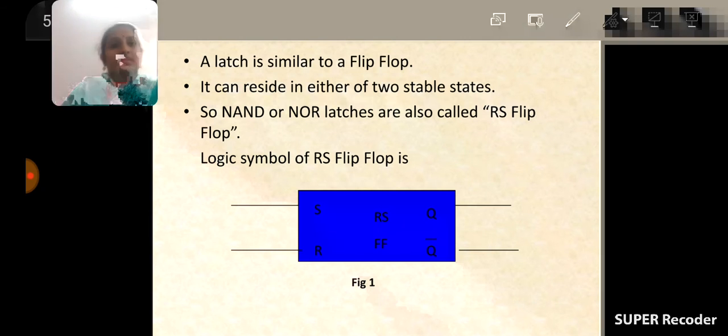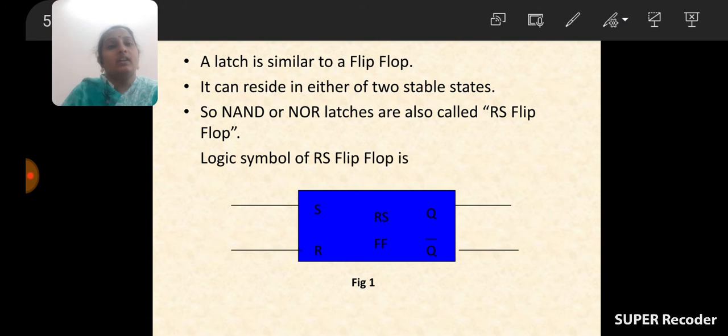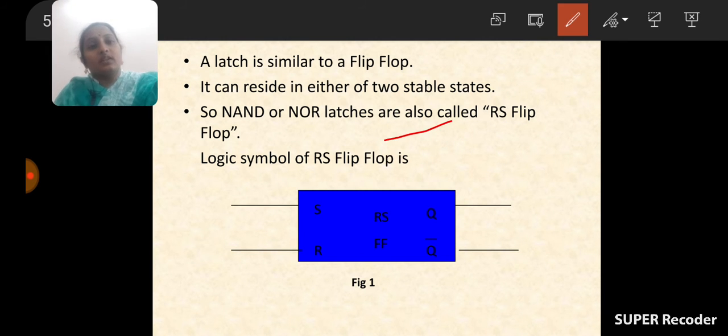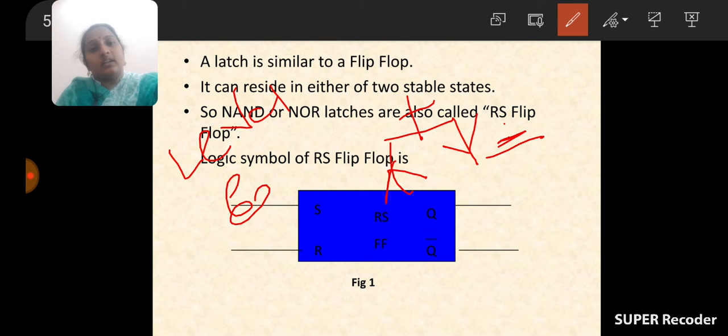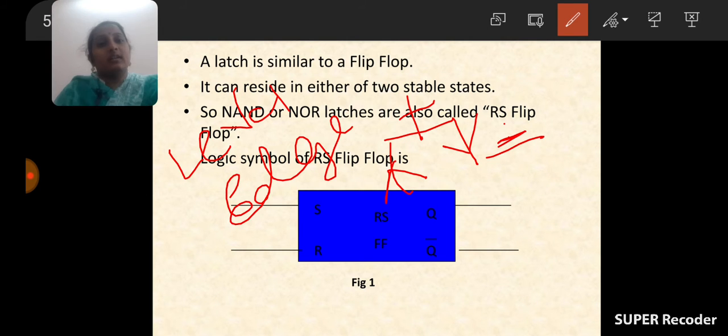So in the clock pulse, the triggerings are of 2 types according to their levels and according to the rising edge and falling edge. According to levels, one is called level triggering: positive level triggering and negative level triggering. And edge triggering also has two types: rising edge and falling edge.